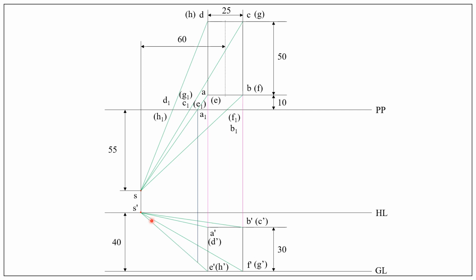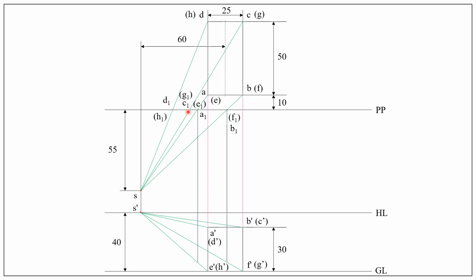So S dash E dash line is here. This perpendicular from A1 E1 intersects at this point. Similarly, from B1 F1, draw a perpendicular until it intersects the lines connecting S dash B dash and S dash F dash, like this. So this is the intersection point, and this is the other intersection point.